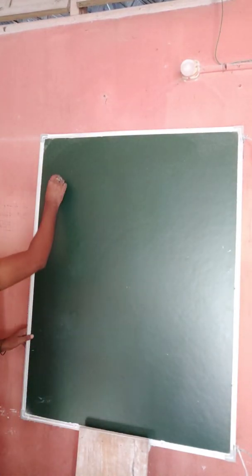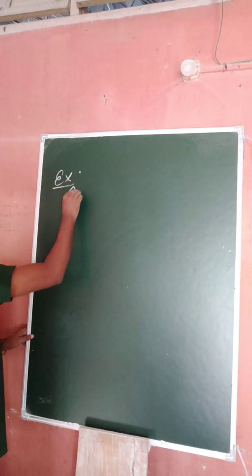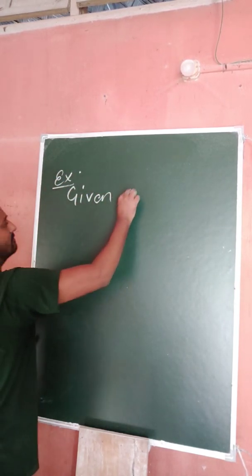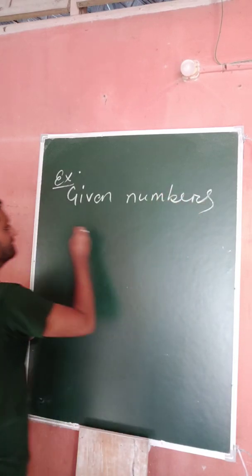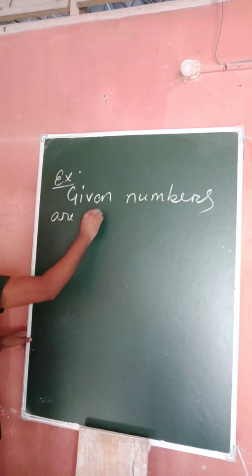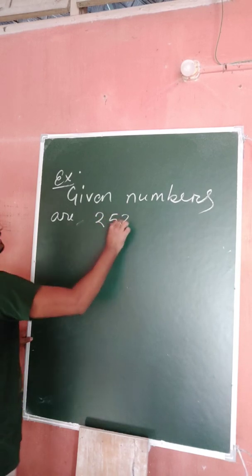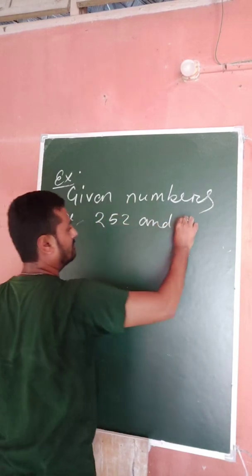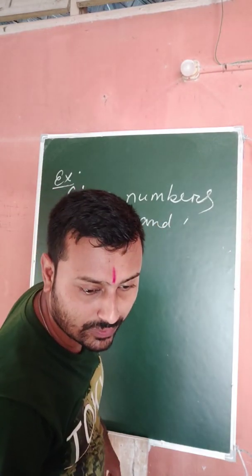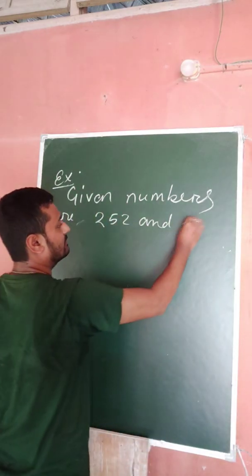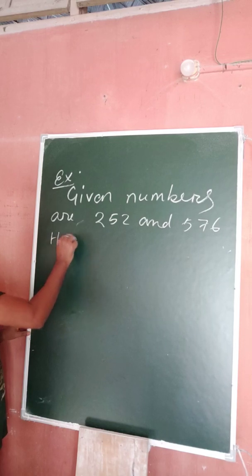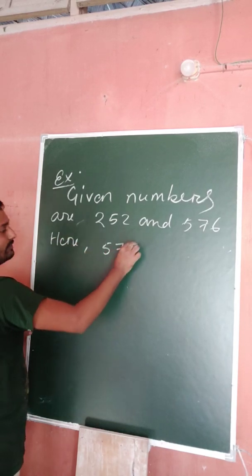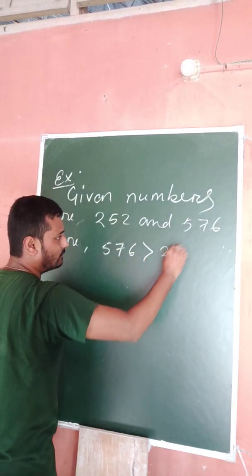Okay. So example number 1. The given numbers are 252 and 576. Okay, so here all of you know that 576 is greater than 252.